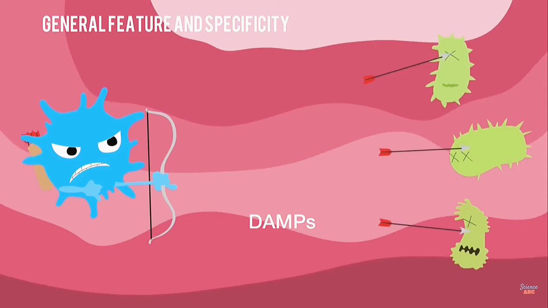And DAMPs are molecules that are released from damaged or necrotic host cells and recognized by innate immunity. The receptors of innate immunity are encoded by inherited genes that are identical in all cells. So that's why innate immunity can recognize the same microbes.